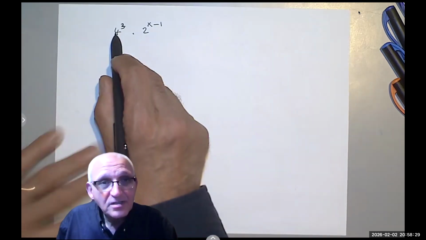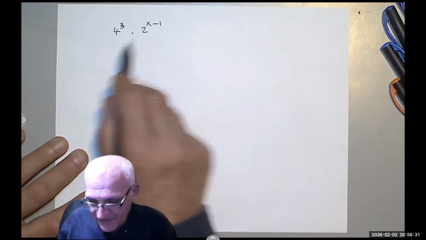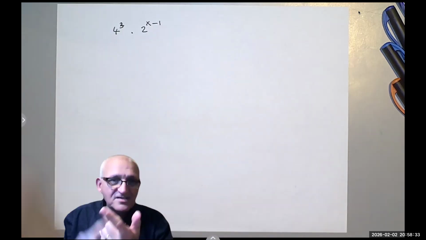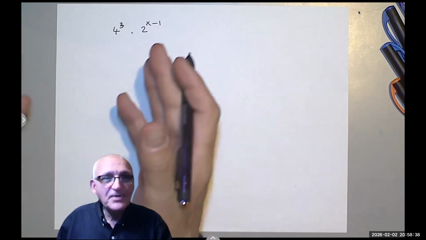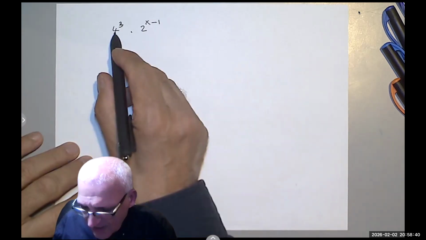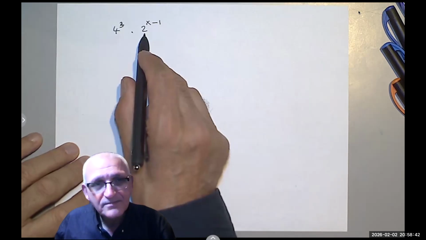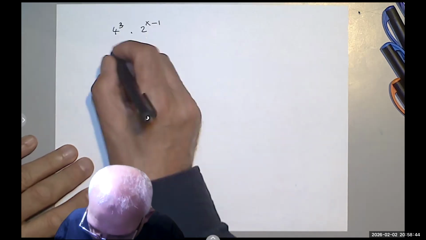Because the 4 is a power of 2, so if this was a 4 or an 8 or a 16 or a 32, then you can apply this very easily. You say, okay, the 4, I want to write it in terms of 2. Okay, so the 4 is 2 squared.